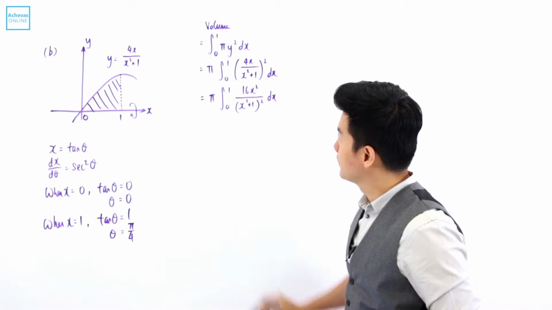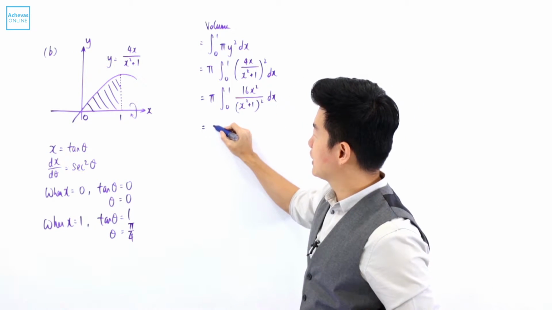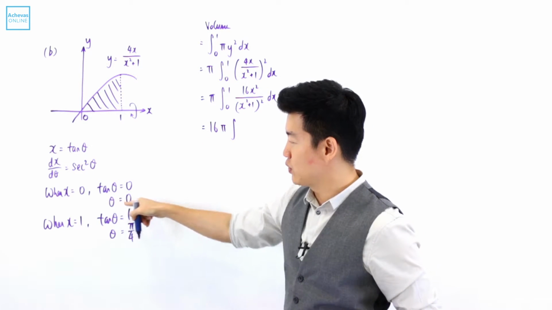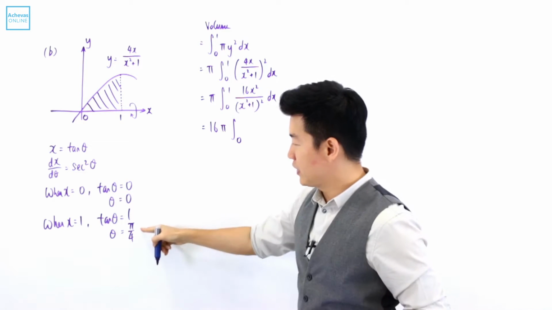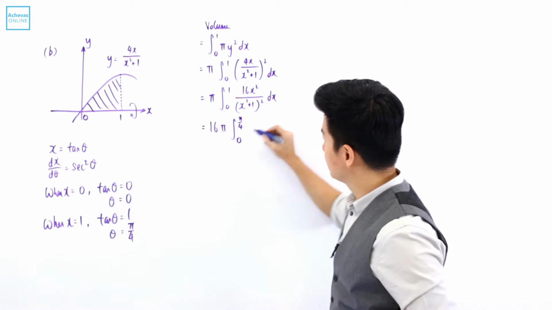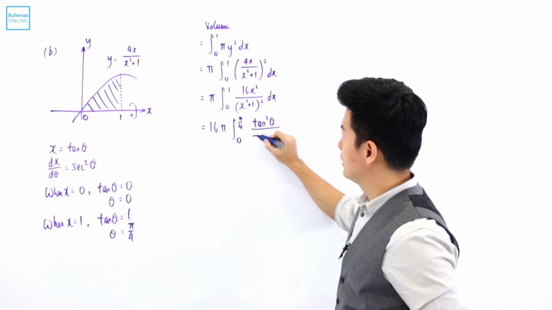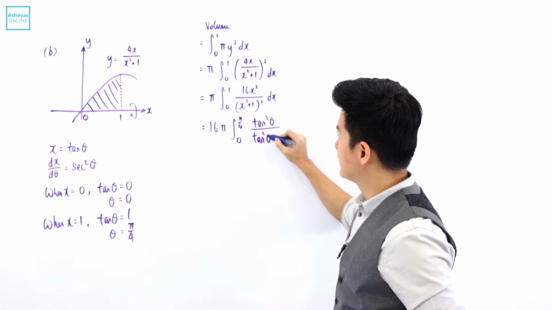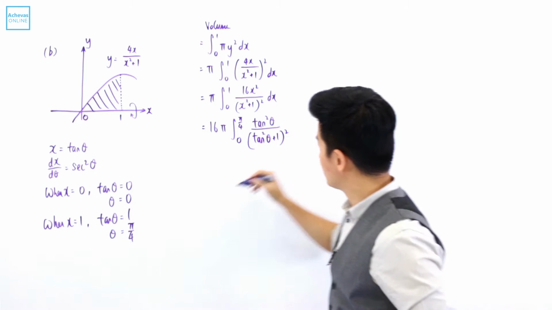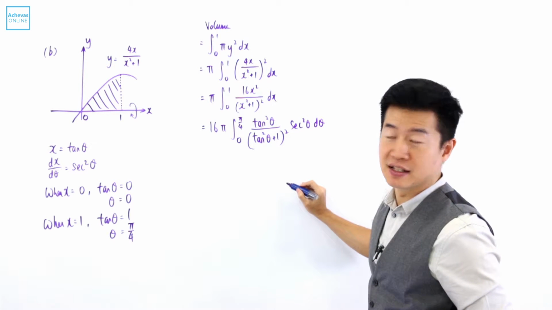So if I were to carry out a process of substitution, 16, let me take it out of the integration sign, it will be 16 pi integration of 0, which is going to be 0, 1 will become pi over 4, of x square, it is going to be tangent square theta, divided by tangent square theta plus 1 square, and dx is going to be replaced by secant square theta d theta.